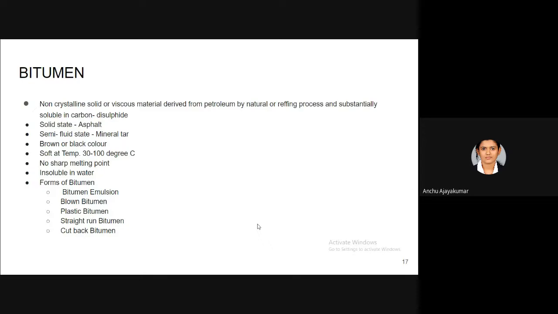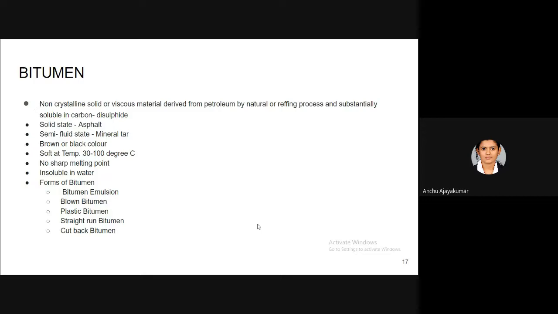So one thing you have to notice here: it is derived from petroleum and soluble in carbon disulfide. It is clear that it is not soluble in water. Bitumen is only soluble in carbon disulfide solution.